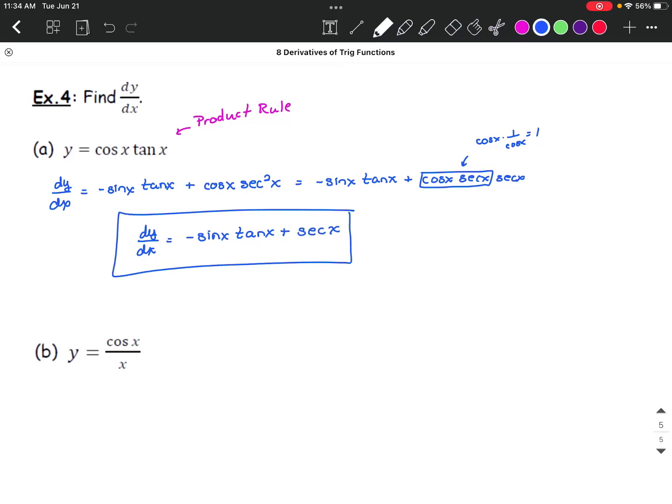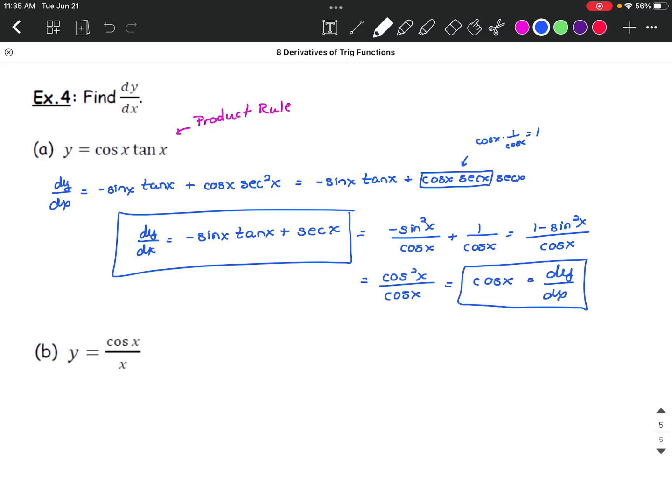And there you go. Technically, yes, this is negative sine squared x over cosine x plus 1 over cosine x, which is 1 minus sine squared x over cosine x, which is cosine squared x over cosine x, which is just cosine x. Now, this is the better answer.